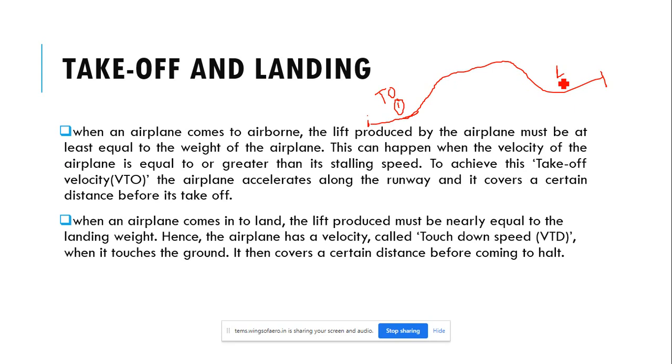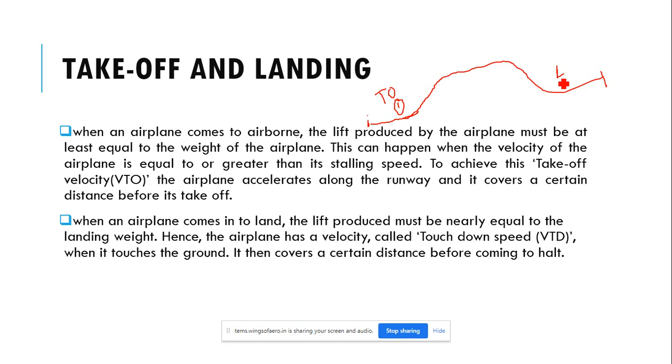So the speed or the velocity of an aircraft during takeoff is the takeoff velocity. That will be greater than the stalling speed also. So that is called the takeoff velocity. There is another speed called the touchdown speed.